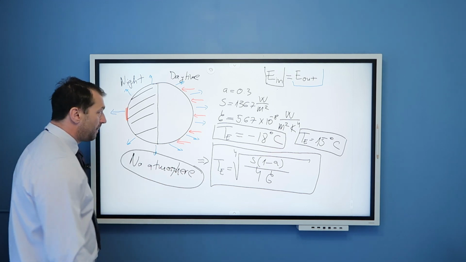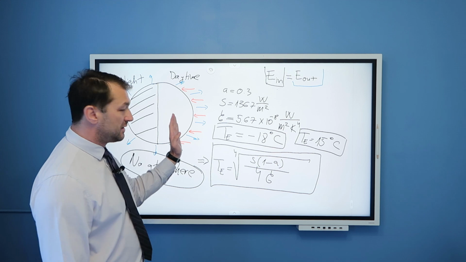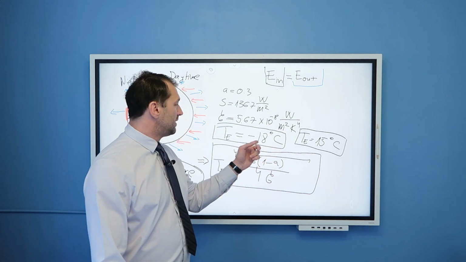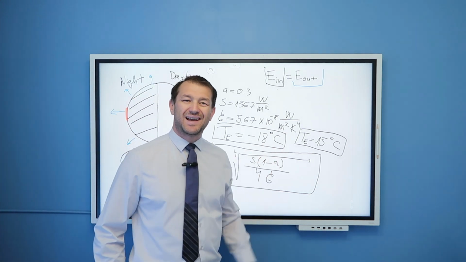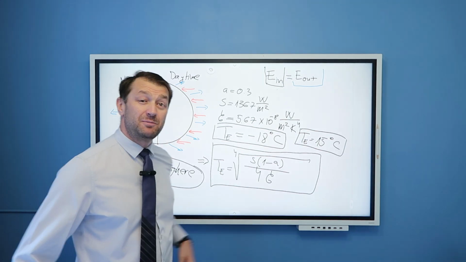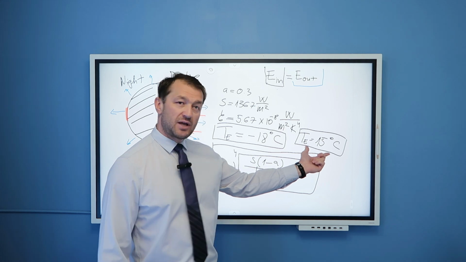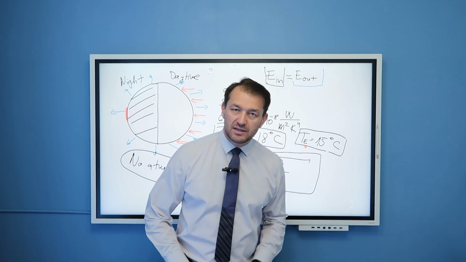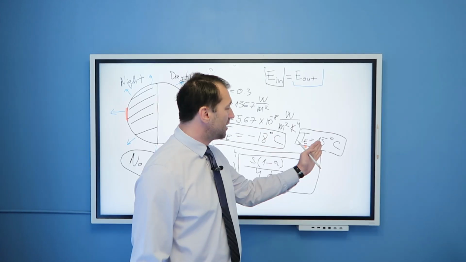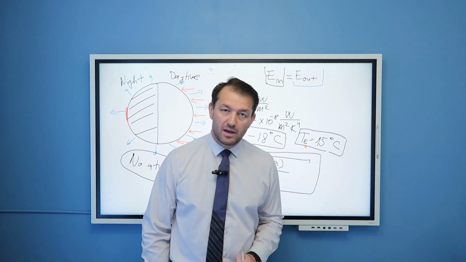In other words, if our planet did not have atmosphere, the average temperature would be negative 18 degrees Celsius. But because we do have atmosphere, our average annual temperature is 33 degrees Celsius higher, namely 15 degrees Celsius.